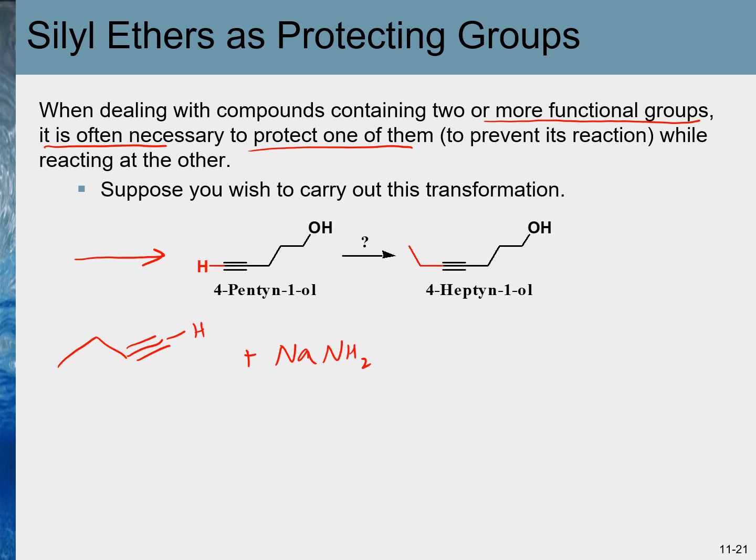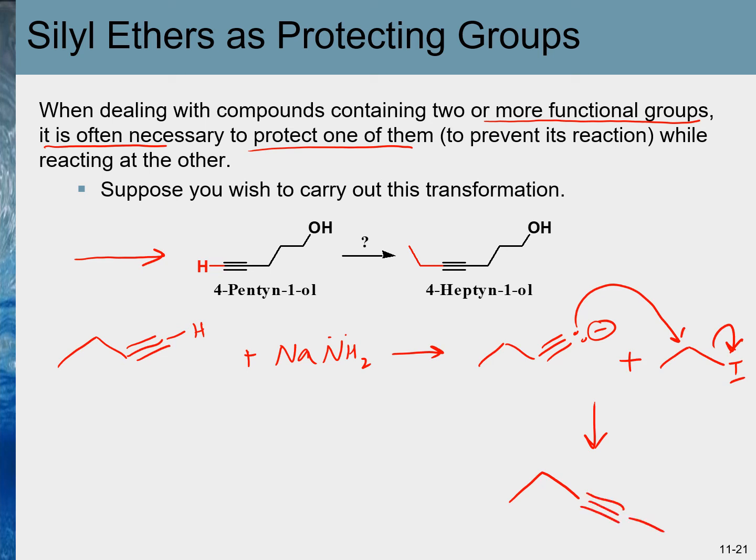So if we use sodium amide, it will result in formation of this carbanion, and this ion is a strong nucleophile, and if we add an alkyl halide to it, this will result in formation of a longer alkyne.